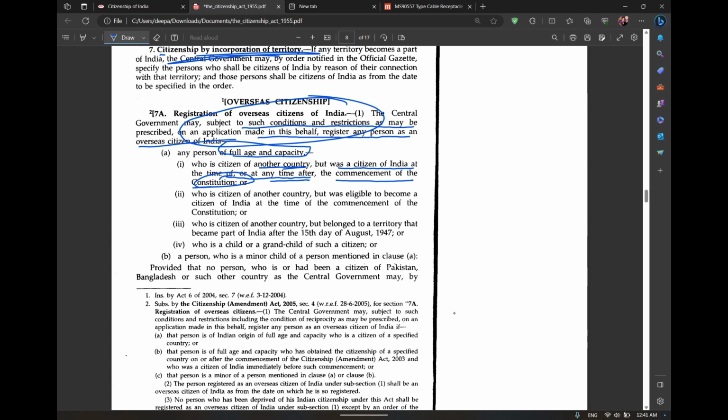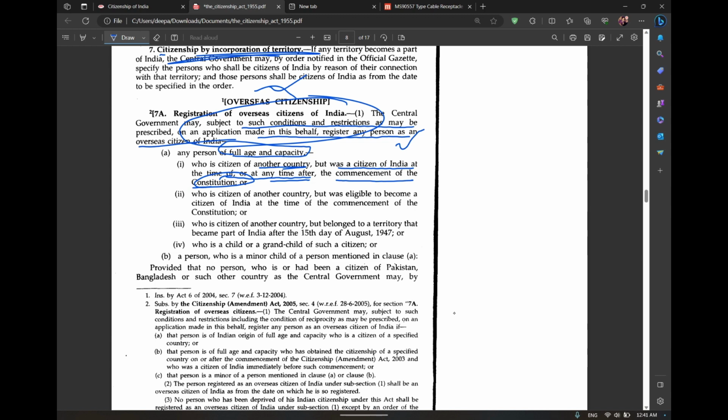So if the person was a citizen of India and, let us suppose, he renounces it and after that again he wants citizenship of India, on that basis registration as an overseas citizen can be done under the concept of overseas citizenship.